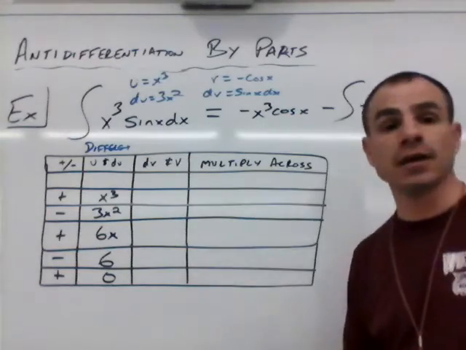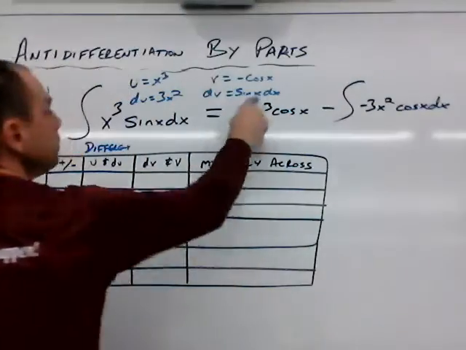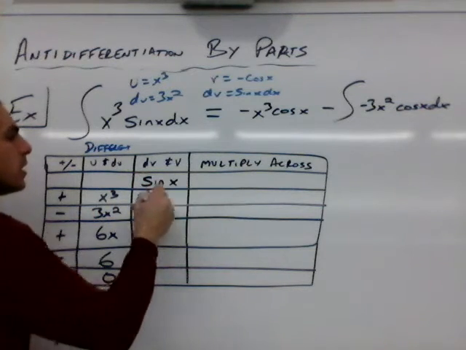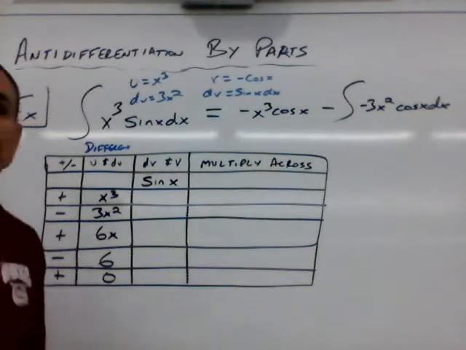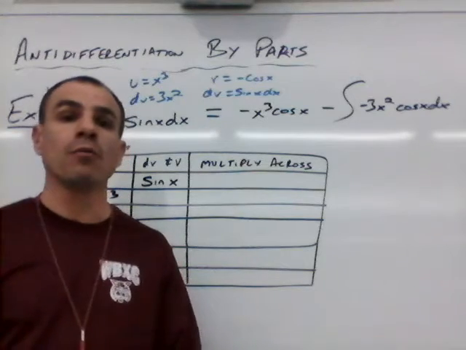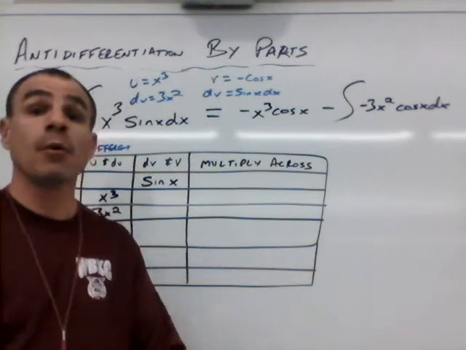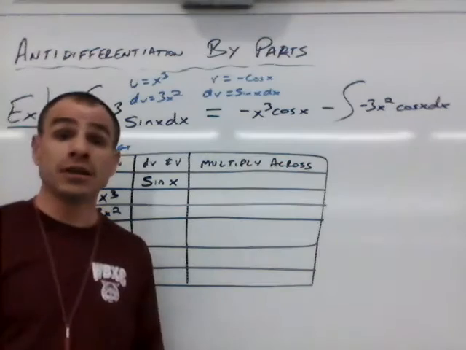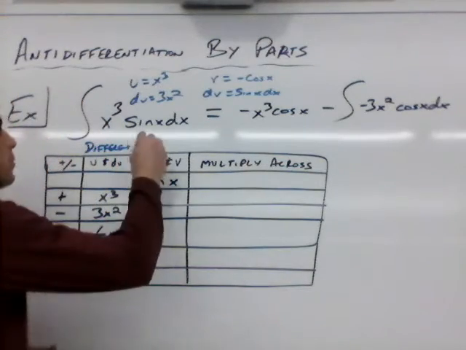Now we go to the dv column. Initially, dv was sine x dx. That actually goes in the first row. Right? And now, think about it, because it's dv, and we want to get to v, we're not going to derive it like this column. We're going to integrate. Right? So this column gets integrated.